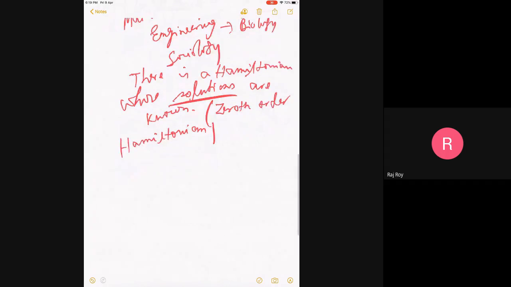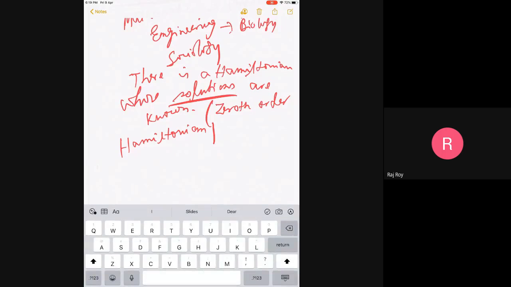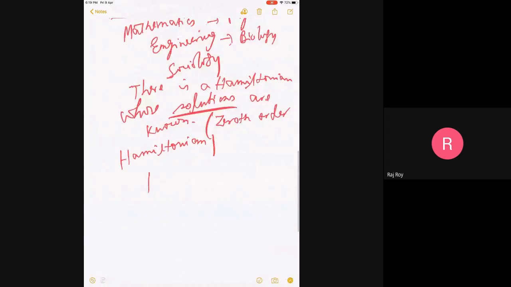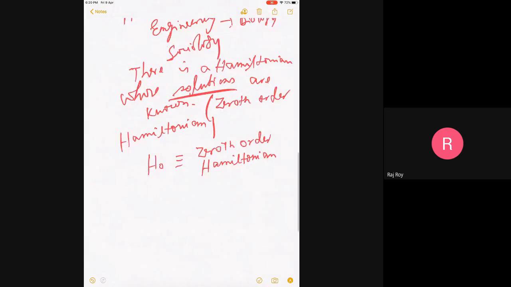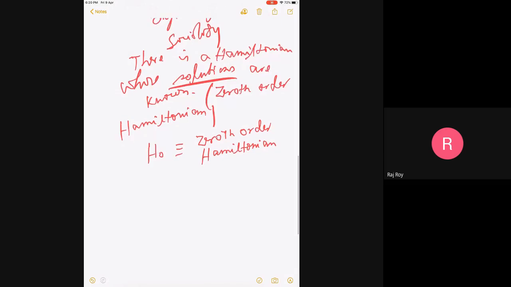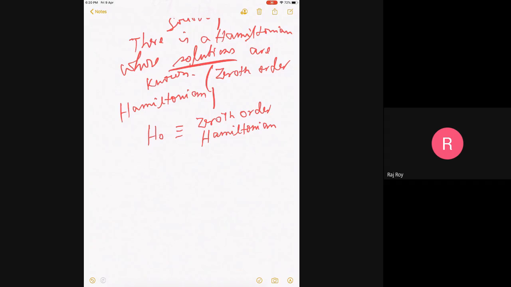So what do you mean by solutions? It means we know its eigenfunctions and eigenvalues. So let us call this H naught. So let me define, the symbols are very important. So let me define H naught as a 0th order Hamiltonian, whose solutions are completely known.